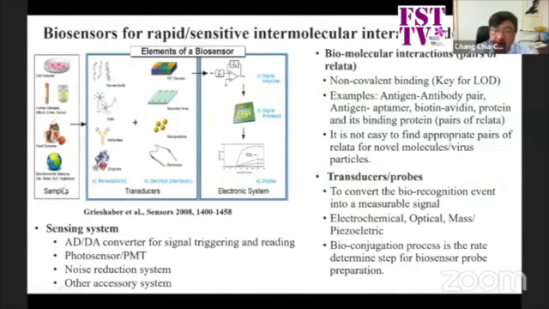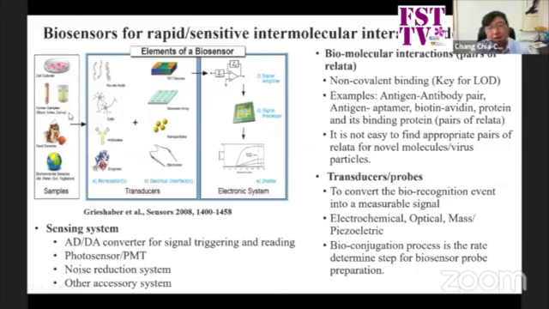First of all is the sample. For example, the COVID virus is the sample. However, it may come from spill or other discharge, or saliva, which is what we can detect.